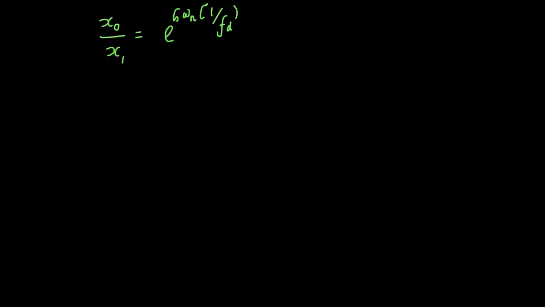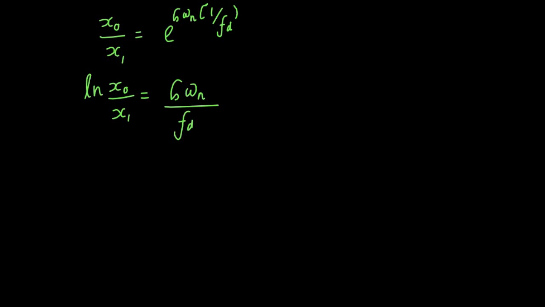I don't want this exponential term to be accompanying us, so I'm going to undo the exponential function. Let me take the natural logarithm on both sides. I'm going to get the natural logarithm of x0 over x1 is equal to zeta into omega n divided by the damped frequency.